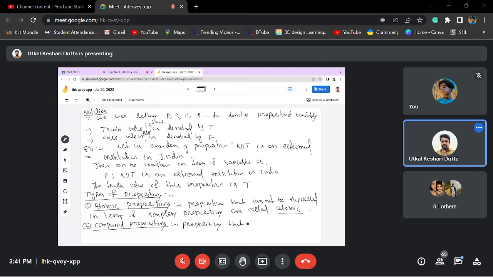Propositions that are constructed by combining two or more atomic propositions by using some connectives or logical operators are called compound propositions.